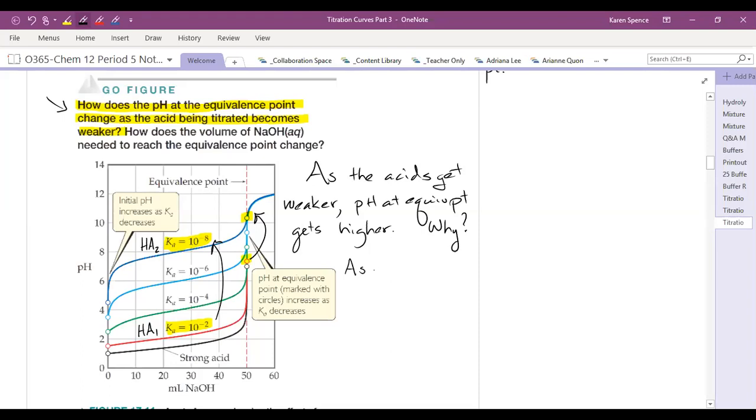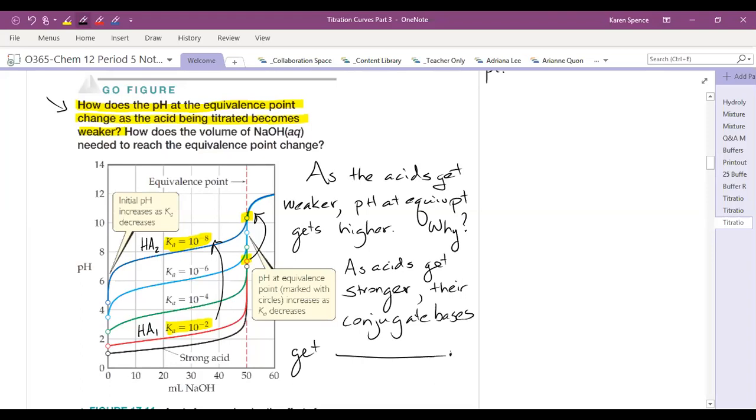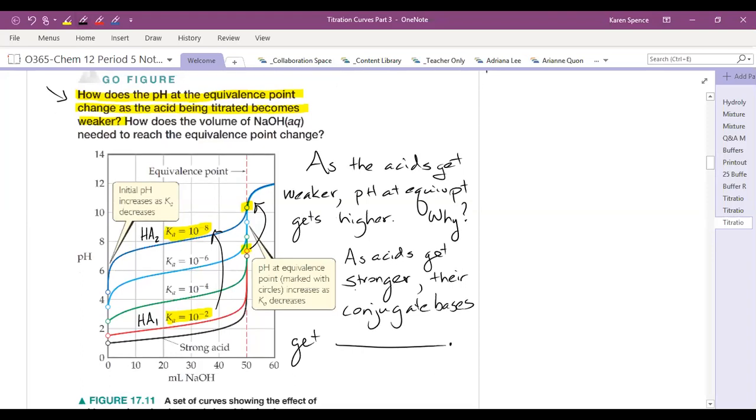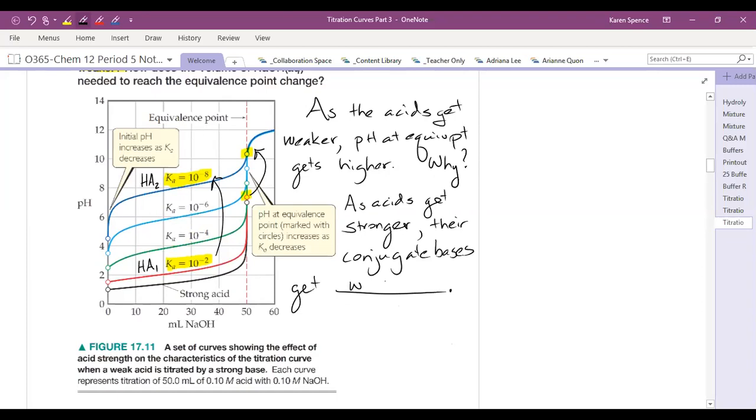As the acids get stronger, what happens to their conjugate bases? Yeah, they get weaker. And remember, the product of neutralization is a salt that contains the conjugate base.